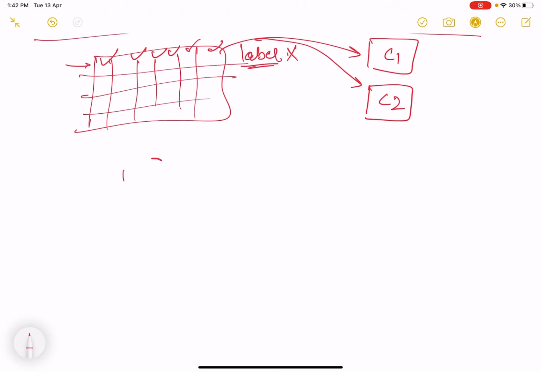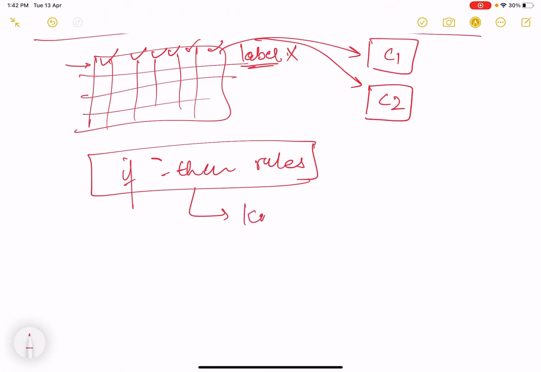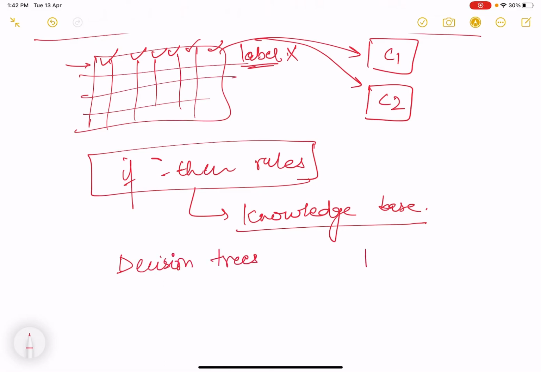For this, we can use if-then rules. These if-then rules are usually stored in the knowledge base. Knowledge base is one of the components of the data mining process, which we will discuss in upcoming lectures. Next, we can use decision trees as well, which means we have a tree for every decision, whether we have to go this side or this side.